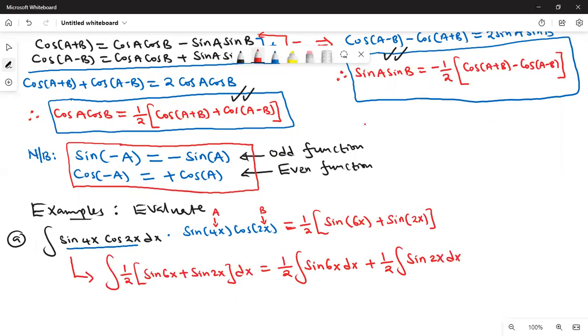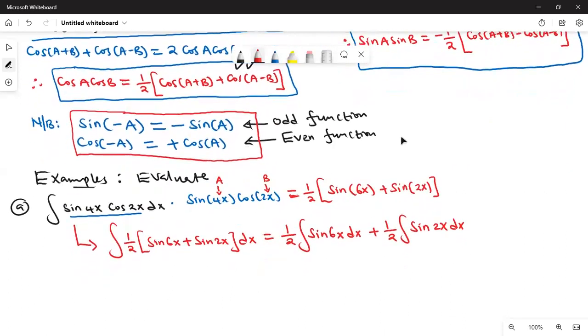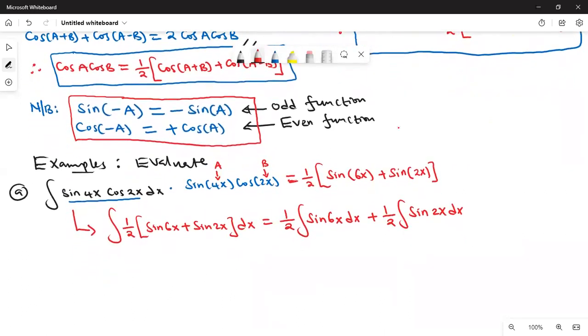So we are going to use the u substitution. In the first integral, you let u to be equal to 6x. So that when you integrate it, in the first integral, we are going to get 1 over 2 times.